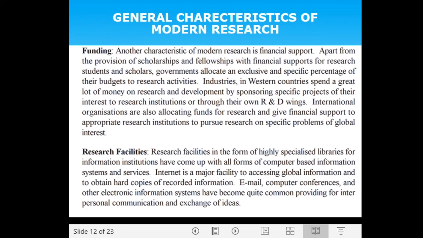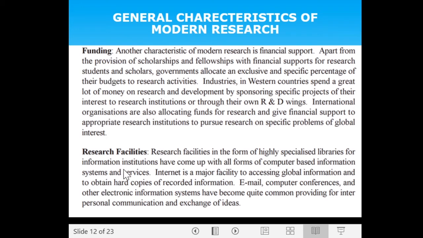But when you get sponsorship, you can easily analyze. You can distribute the funds. That is how they write proposals for funding agencies and get funding, and they appoint research assistants, purchase lab materials, and whatever they require for that particular research.